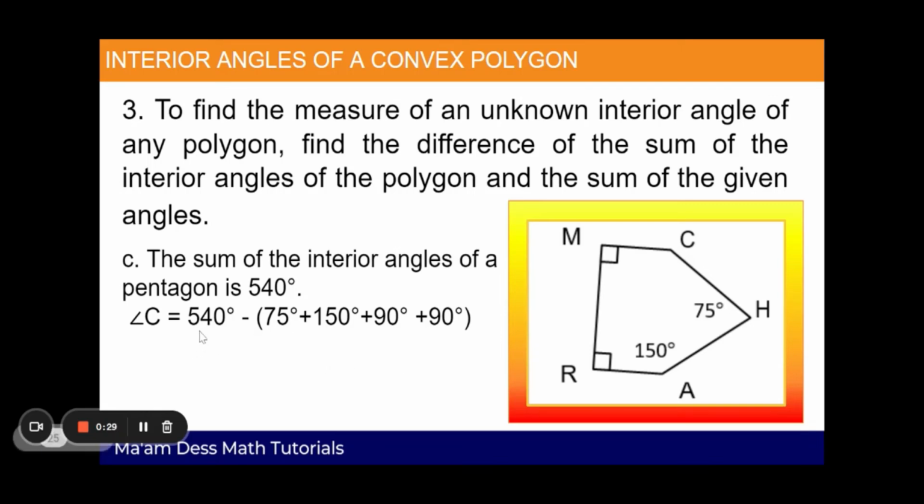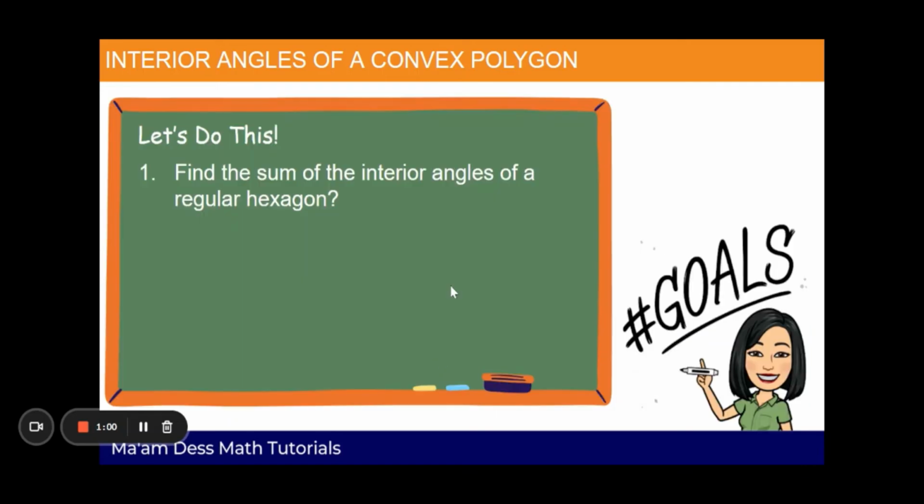Okay, so we will have 540 degrees minus the quantity of 75 plus 150 plus 90 plus 90. So we have 405. I wrote 90, 90 because as you can see from the figure, there is a mark of a right angle in angle M and angle R. So 540 degrees minus 405 degrees, the answer for angle C is 135 degrees.